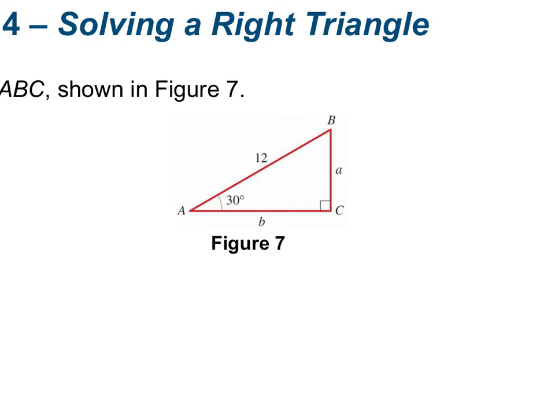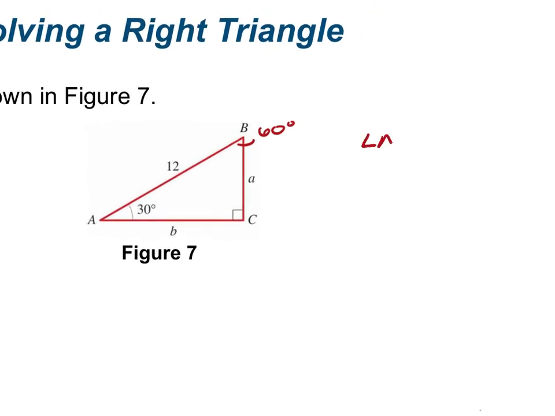If you don't remember that, add up the ones that are given, 90 plus 30, subtract it from 180. That angle B is 60 degrees. So your angle A is 30 degrees, angle B is 60 degrees, and angle C is 90 degrees. That's part of our answers.